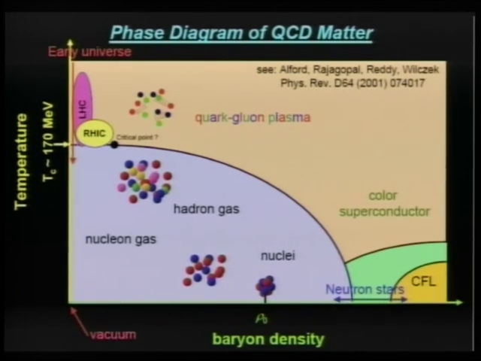I told you it's a soup of quarks and gluons. The LHC stays here, really close to the early universe. Very high temperature, very low particle density.